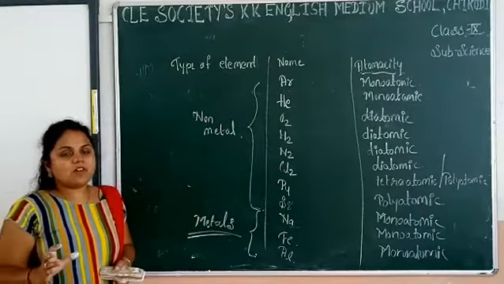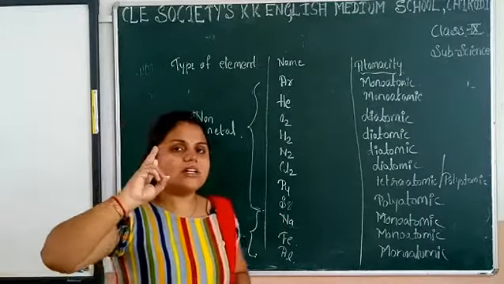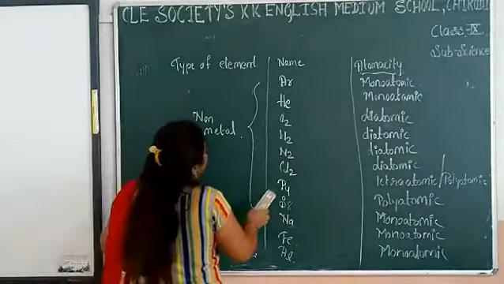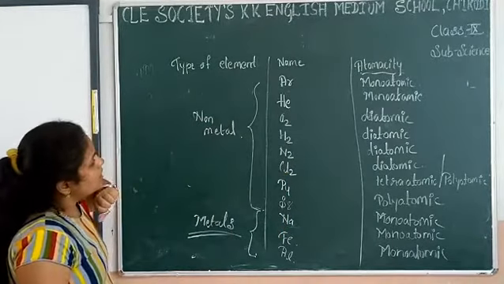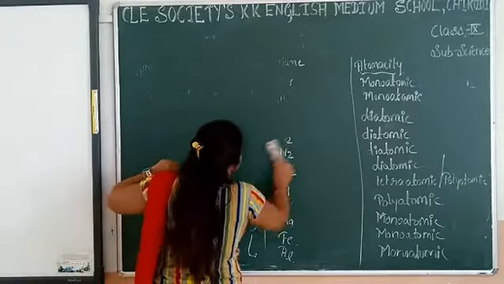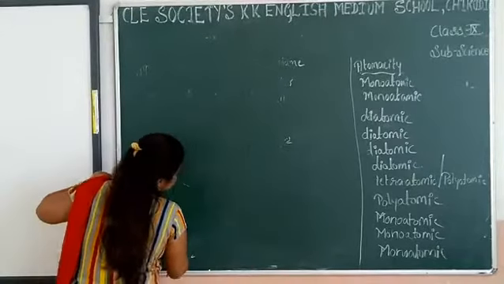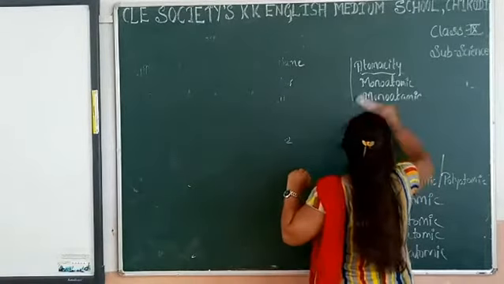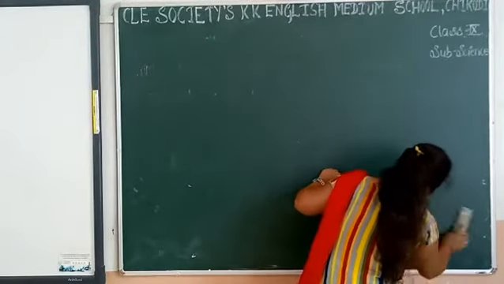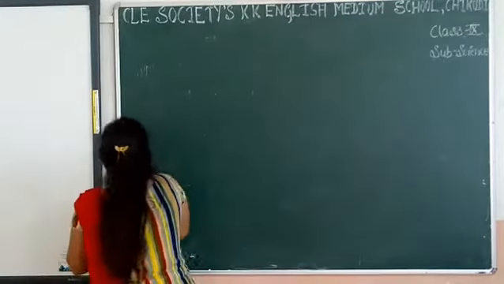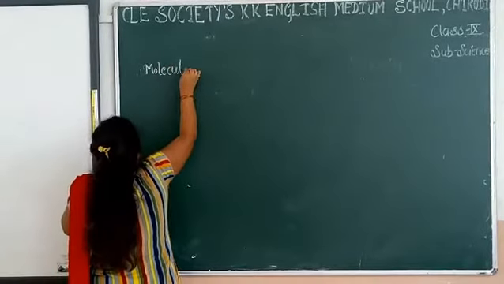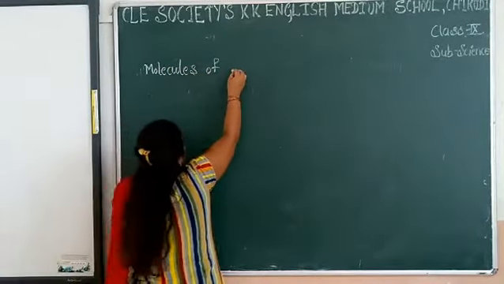Now, the next concept is molecules of a compound. A compound is the combination of two or more elements. I hope you have taken this down. The next concept is molecules of compound.